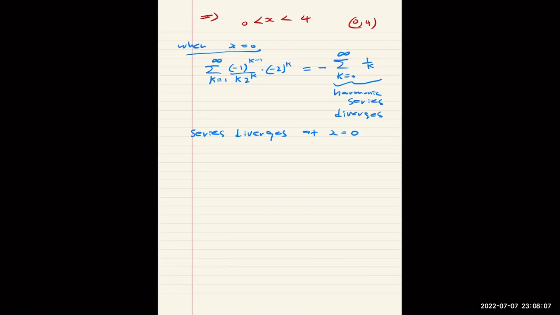And also, I'm going to let you show that if you do the other analysis at the other endpoint, when x is equal to 4, you should be able to show that the series converges conditionally.